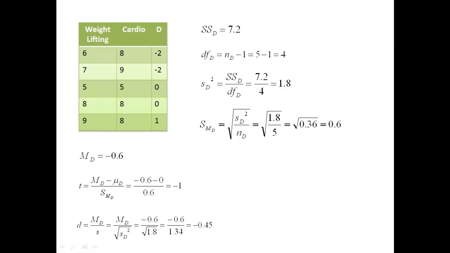The Cohen's d is for when you're reporting your effect size. And you can always tell the difference between them because the D score D is always capitalized and the Cohen's d is always lowercase. So just remember to keep those two things separate and you should be fine.